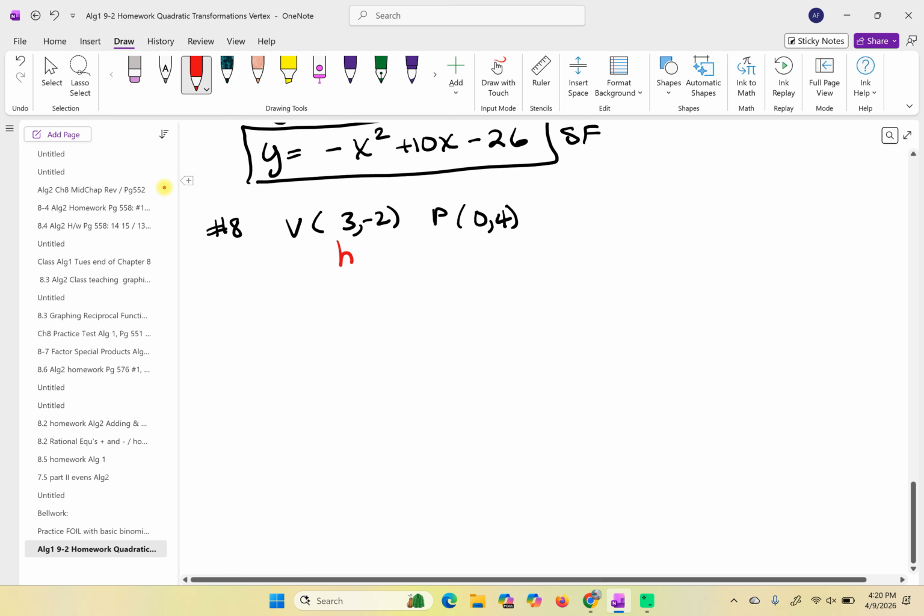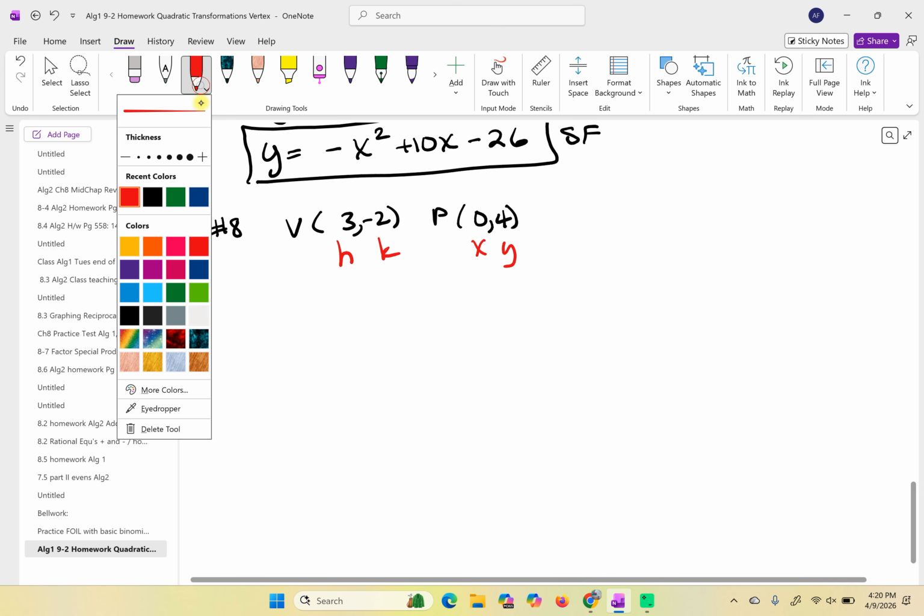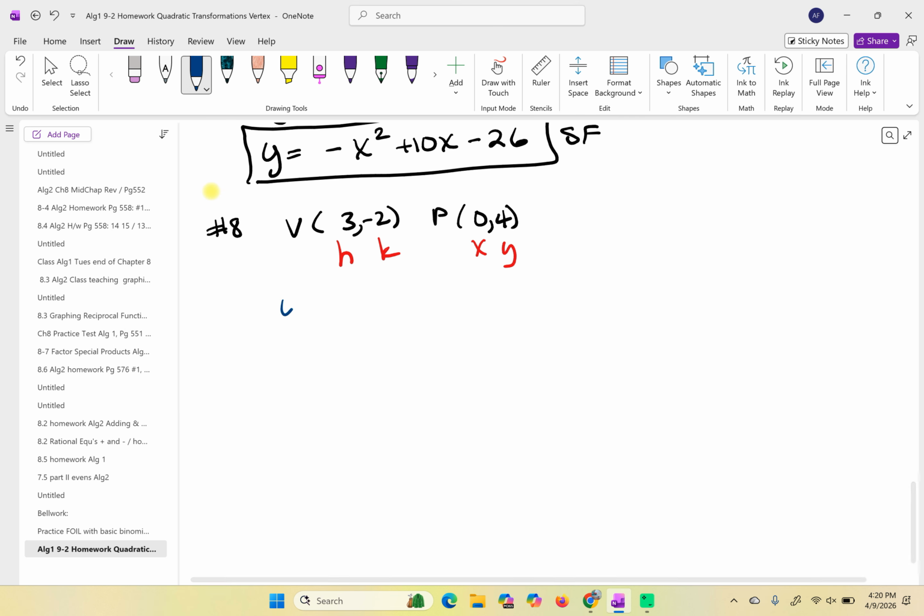Vertex points are h and k. You need to continue to write these base forms out because it absolutely helps you to memorize. Substitute these 4 values into this equation to solve and find out what a equals.